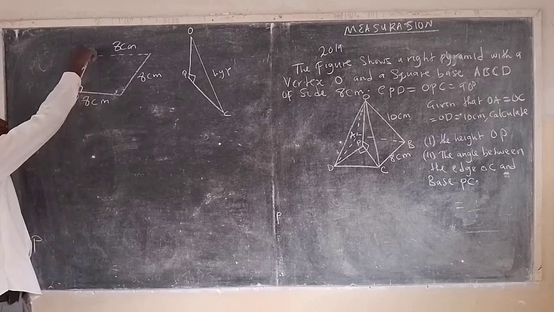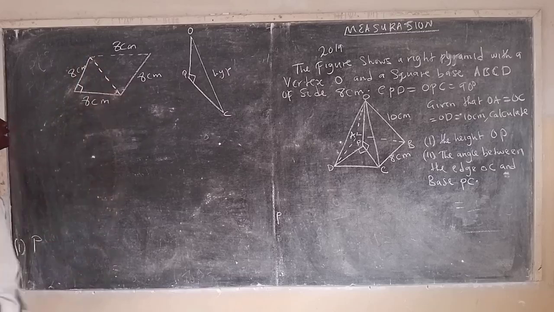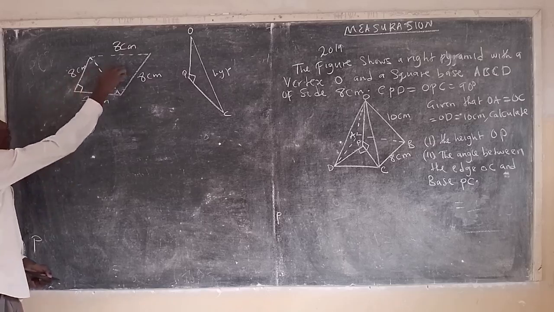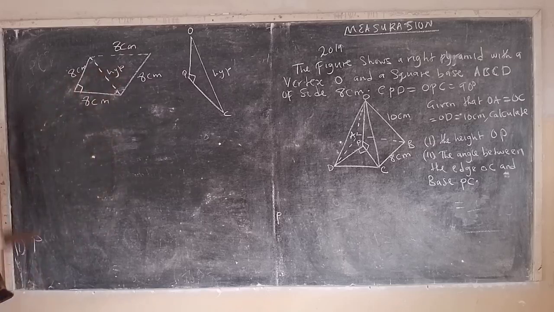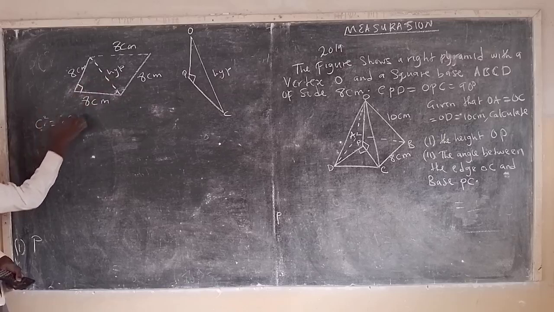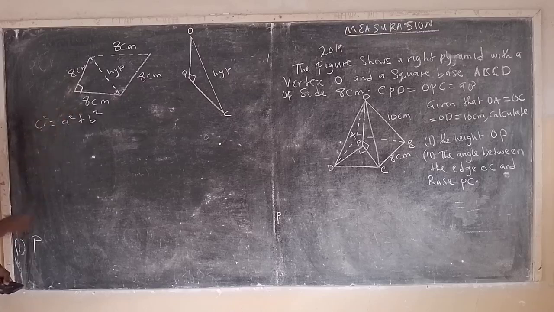So with that, we are going to draw a line like that, so that we can create a triangle. Now, since here it is 90 degrees, automatically this becomes a right angle triangle. So if there is 8 here, and 8 here, this one will act as our hypotenuse. For finding the hypotenuse, we can say c squared is equal to a squared plus b squared, using these two sides since the 90 degrees is here.